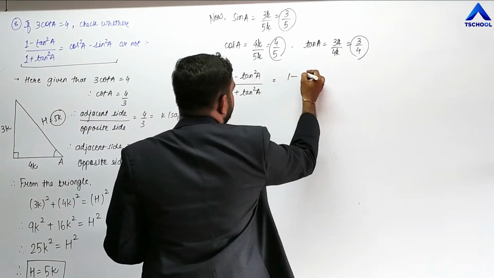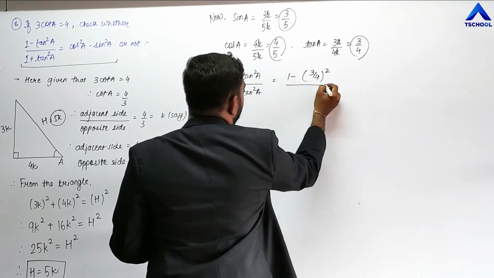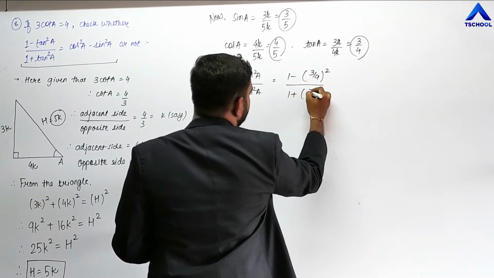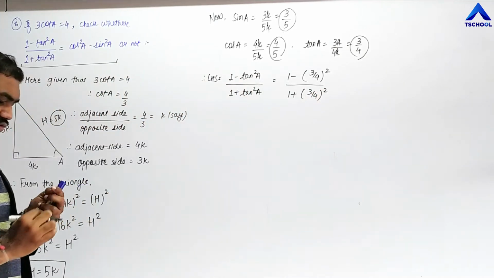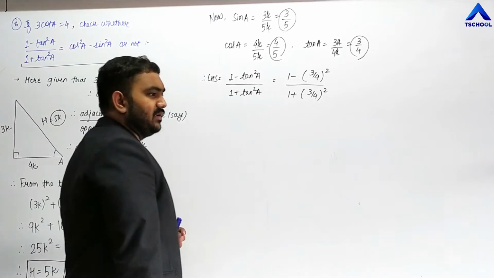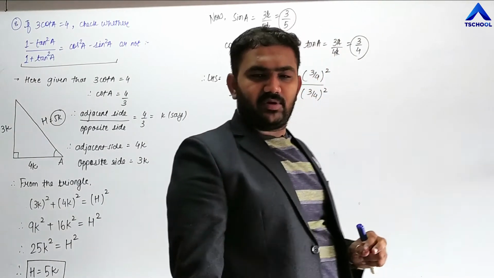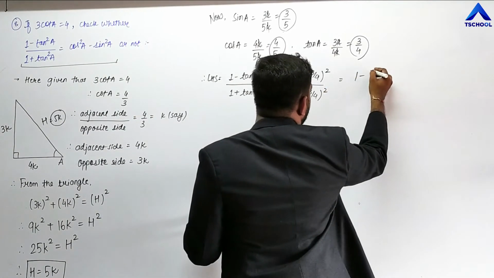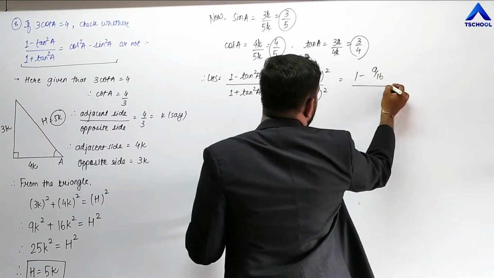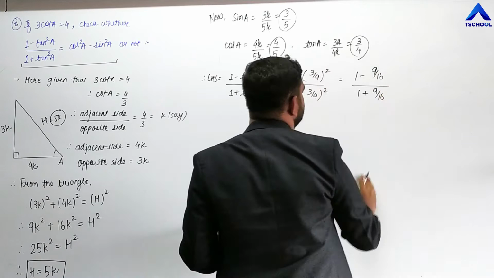That is equal to 1 minus (3 by 4) square upon 1 plus (3 by 4) whole square. So 3 upon 4 whole square means you need to square individually, numerator square upon denominator square, and that becomes 1 minus 9 upon 16 upon 1 plus 9 upon 16.